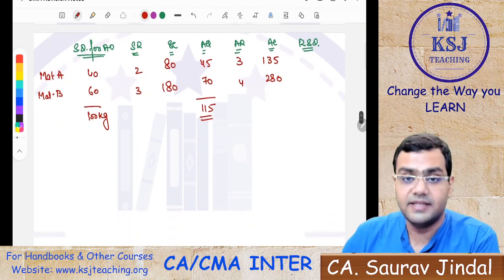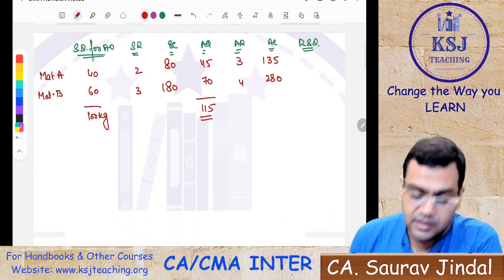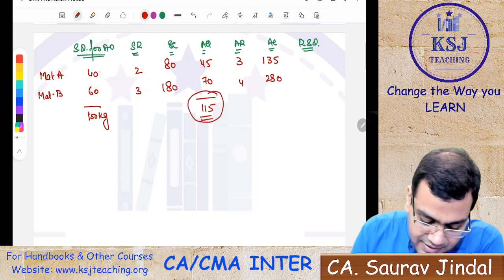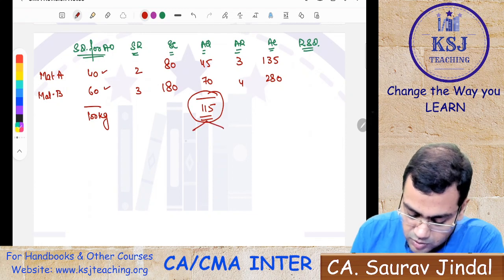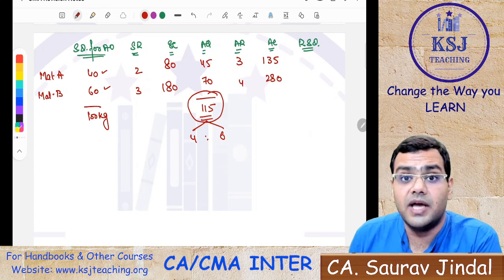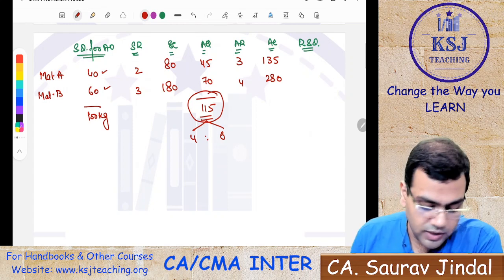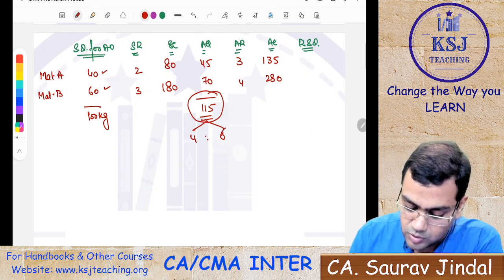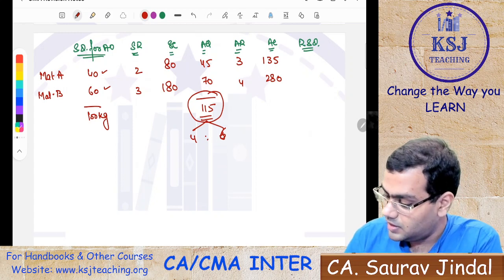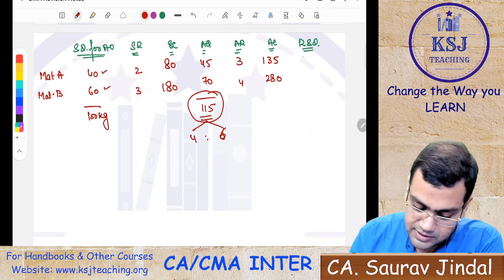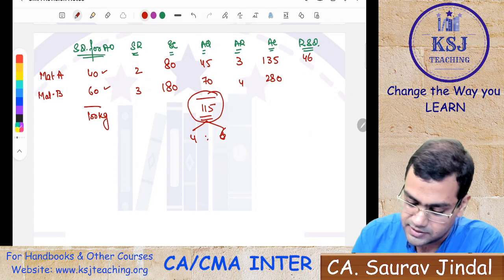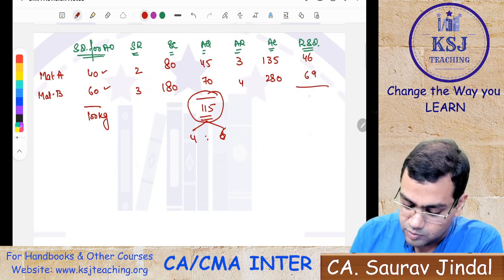Now, how to calculate the revised standard quantity? Revised standard quantity is the distribution of actual quantity in the ratio of 4:6, right? When we distribute the total actual quantity in the ratio of standard quantity for actual output, 115 divided by 10 multiplied by 4 comes to 46 here, and 115 minus 46 is 69 here, right?